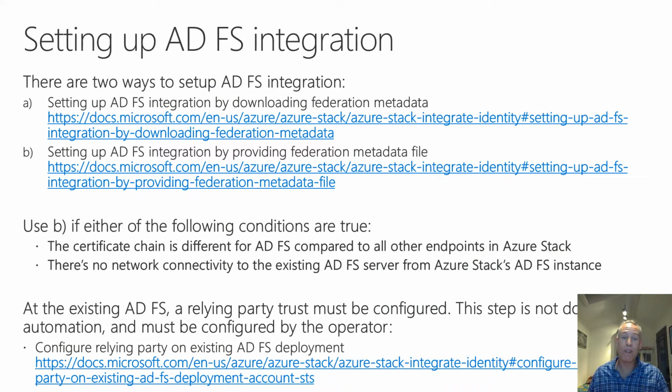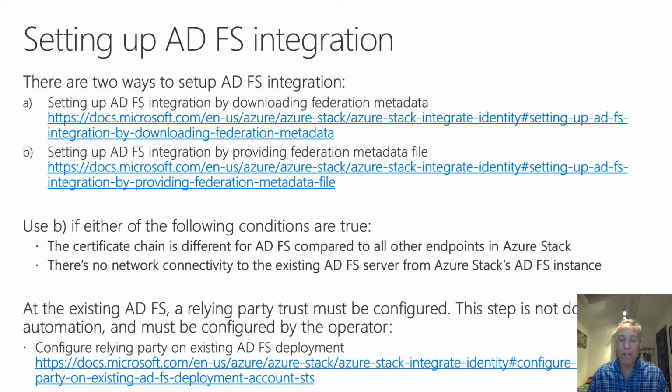There are a couple of ways to set it up. You can download the federation metadata. So there's a procedure to go and get some data off your Active Directory, your ADFS installation that's sitting on your existing network, and then you just ingest it during the configuration of your Azure Stack. That doesn't have to be live at the time.